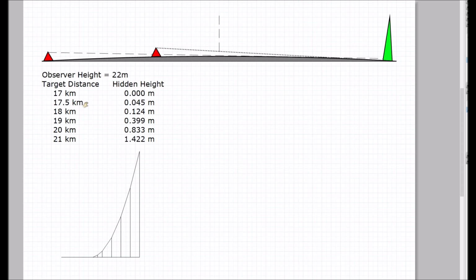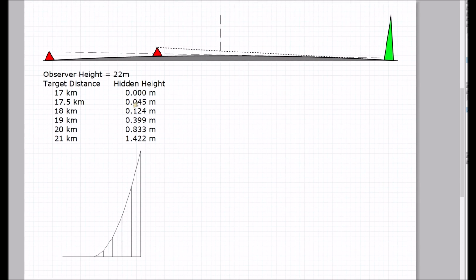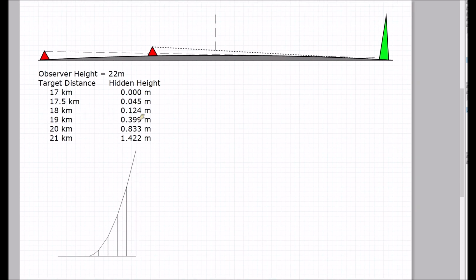At 17 and a half, the bottom starts to get concealed a tiny bit, 4.5 centimeters. I said 45, it's 4.5 centimeters, 45 millimeters, 0.045 meters. At 18 kilometers, it's 124. At 19 kilometers, it's 399. At 20 kilometers, it's 833. At 21, it's 1.42.